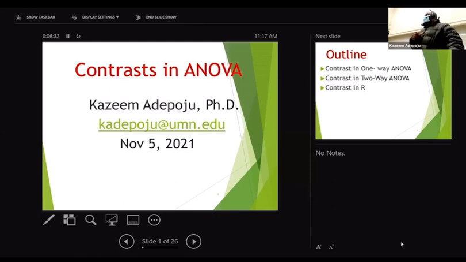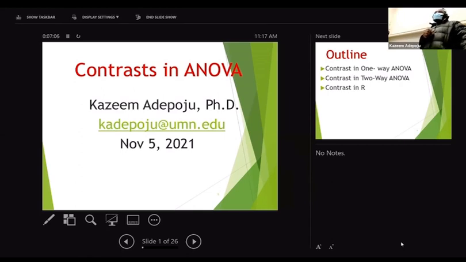I walked you through how we can implement the one-way analysis of variance in R. I also walked you through how you can test whether the assumptions underlying the use of analysis of variance are met, because a model is only as good as the assumptions put into it.